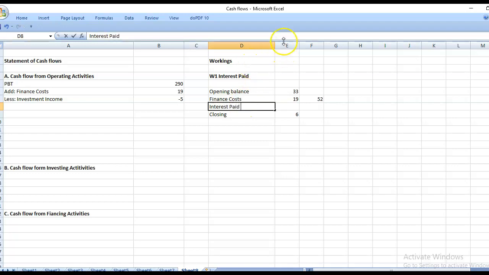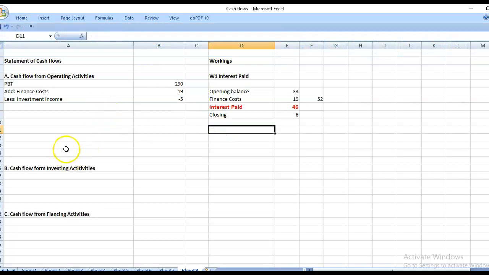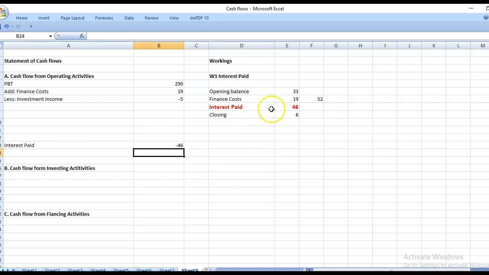So interest paid that way would be, so take the interest paid somewhere over here in the bottom. This is also a negative figure, by the way. That's how you get your 6 closing.